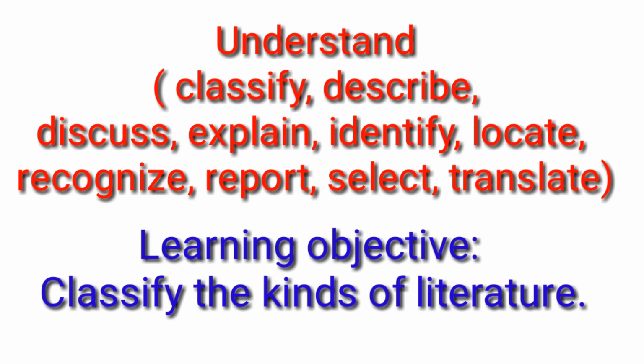So, pinili ko yung classify. Ito yung nagawa ko, classify the kinds of literature. Ito na yung skill na susunod nilang dapat malaman after remembering is understanding. And classifying is one way of understanding.